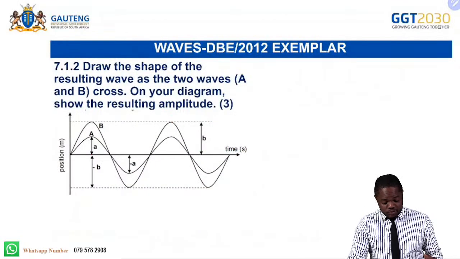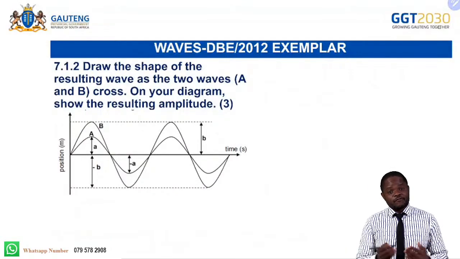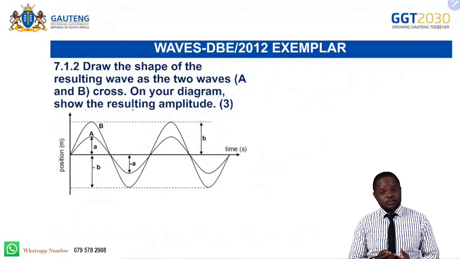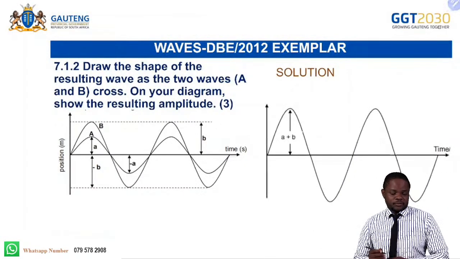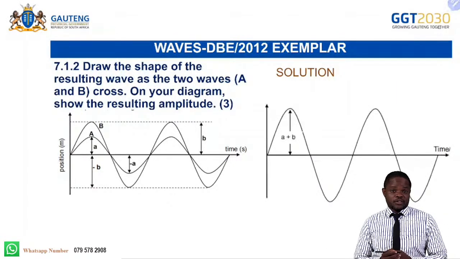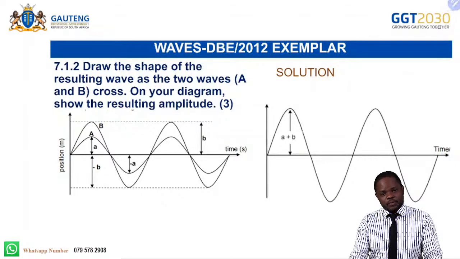Now you are asked to draw the shape of the resulting wave as the two waves cross each other. So we've got wave B and wave A crossing each other. What is the resulting shape? Right. So now in order for you to answer that question, you have to remember our principle of superposition.